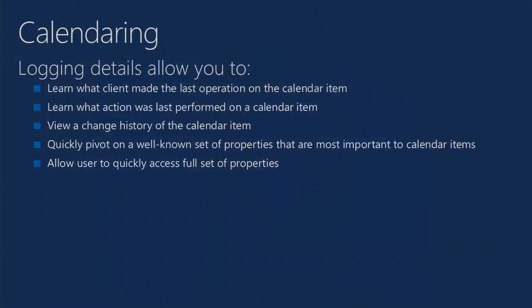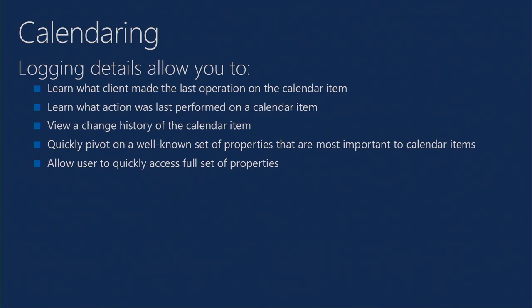So the logging detail really gives you the visibility into what's going on. It allows you to learn what client did the last operation on an item, learn what action was taken. Did they reply? Did they forward? Did they accept? Did they delete? Did they edit? And so forth. They can view the history of a calendar item. So if somebody has edited a calendar item, you can go back and see the history, see what's changed, for example.